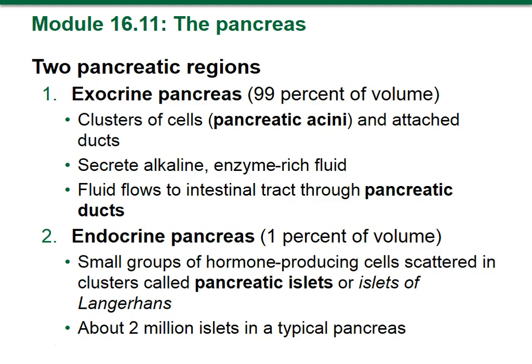And then on the other hand, the endocrine pancreas, that's only 1%, still very important. A small group of hormone-producing cells are scattered in clusters, and we call those pancreatic islets, or islets of Langerhans. And you would have seen those in the laboratory in the slides as well. It's about 2 million of the islets in a pancreas.